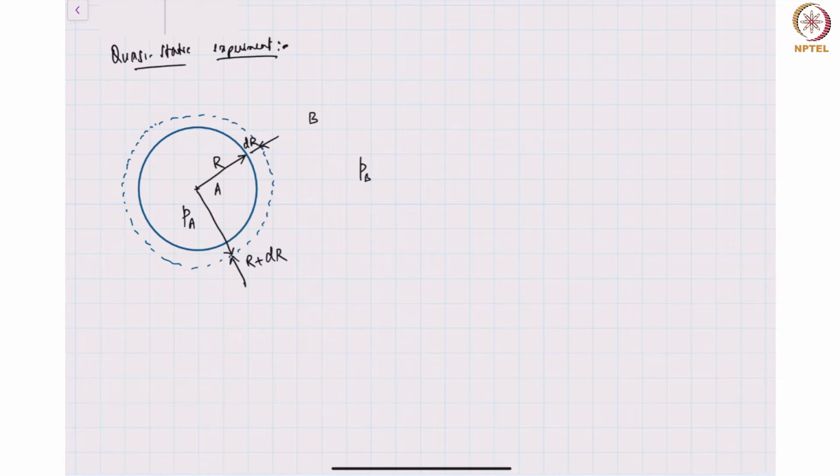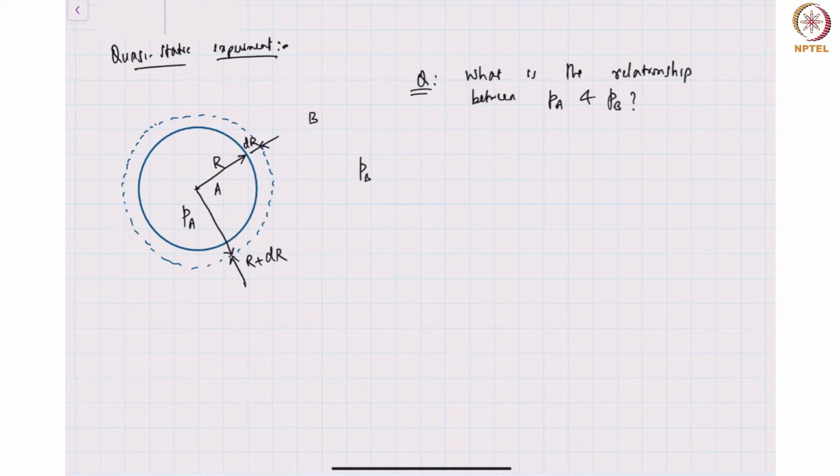Okay, so the question that we are asking is, what is the relationship between PA and PB?